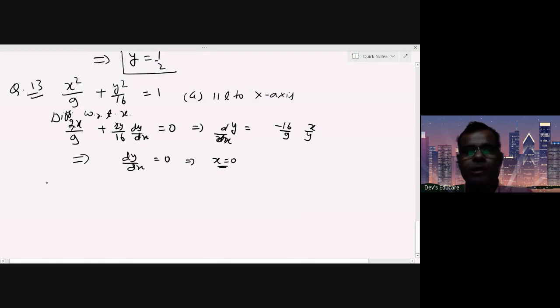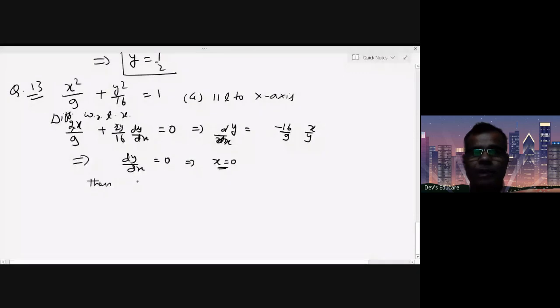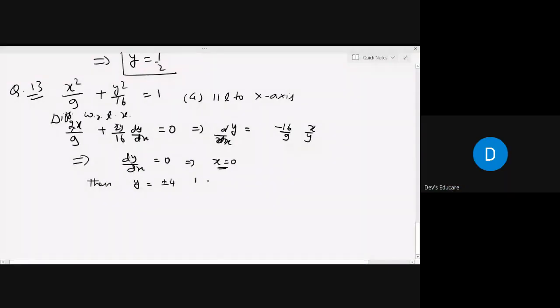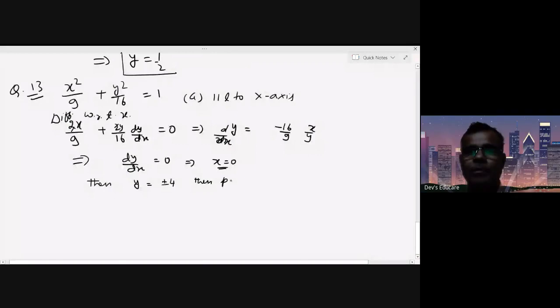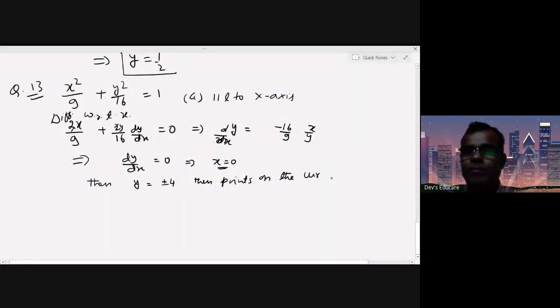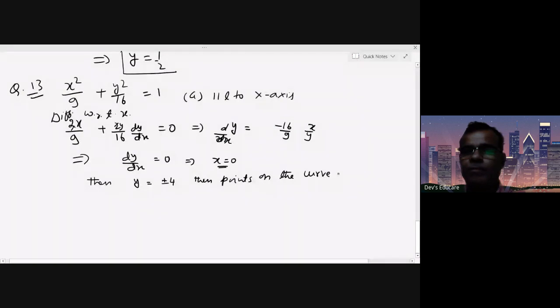So if we put x equals 0, then we have y equals plus minus 4. Then points on the curve will be (0, plus minus 4).